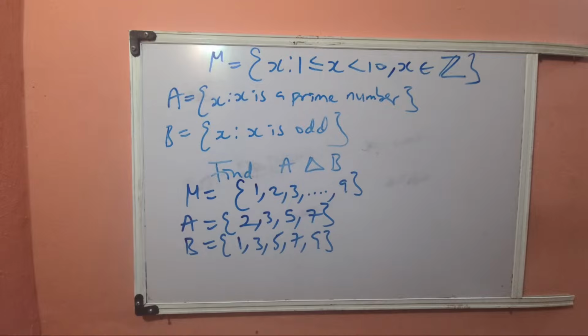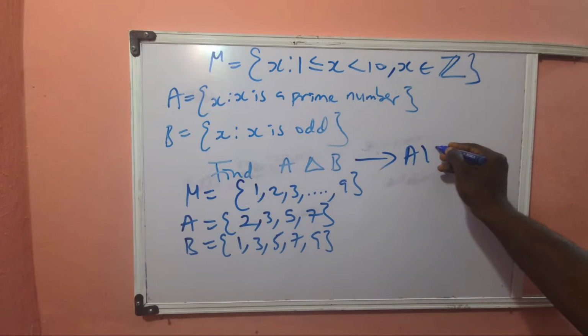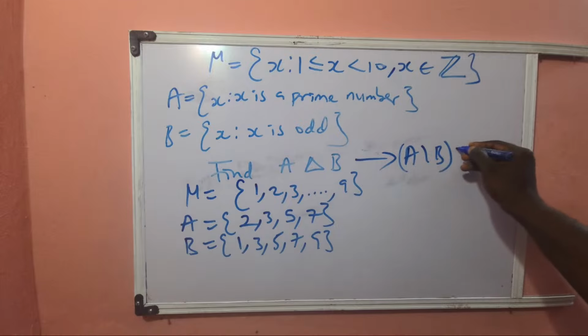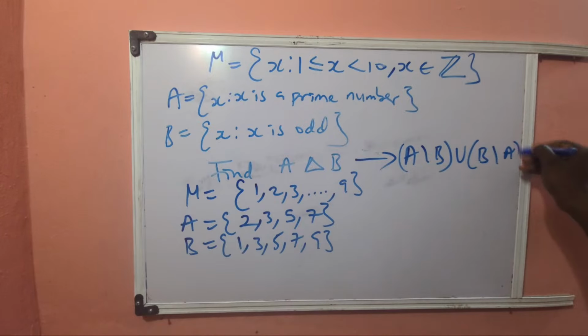So the next thing is, what does this particular thing imply? Well, this implies values that are in A but not in B, union B but not in A. Did you get that?